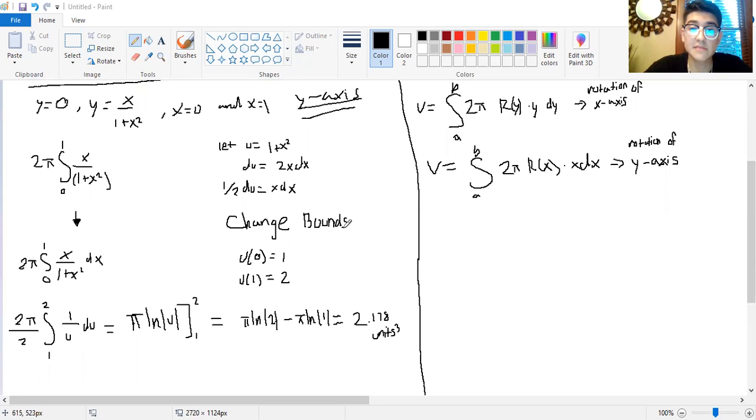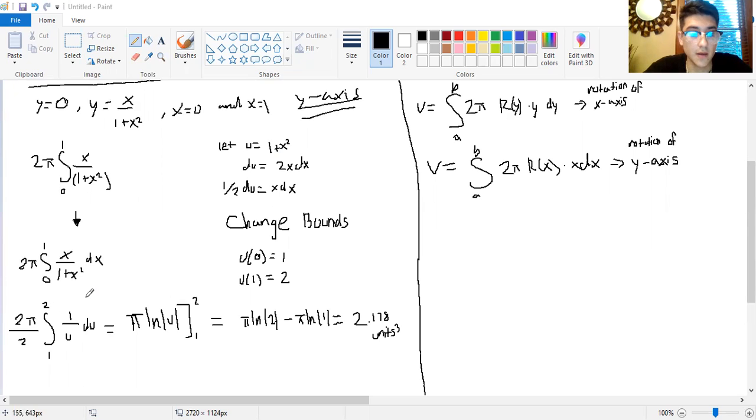However, because I'm changing variables, I have to change my bounds. So u of 0 equals 1, and u of 1 equals 2. You can see 1 plus 0 squared is 1, and 1 plus 1 squared is 2.